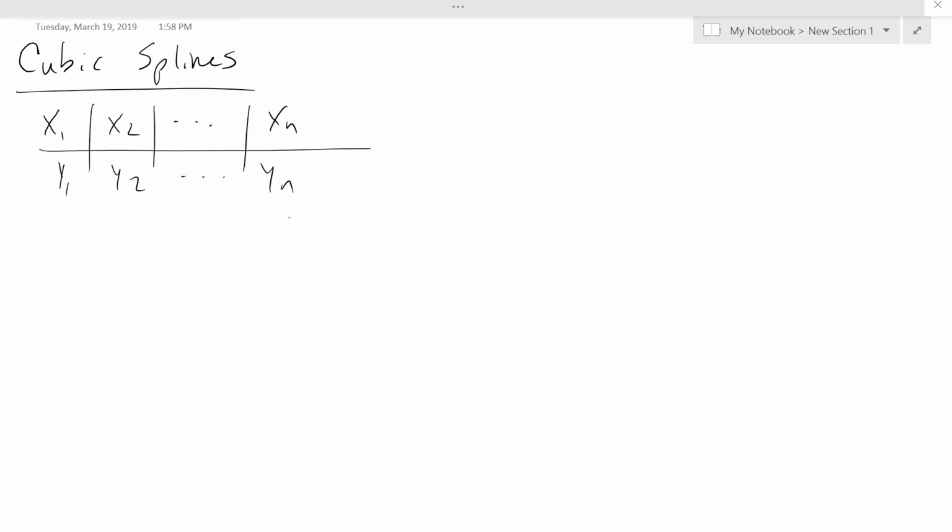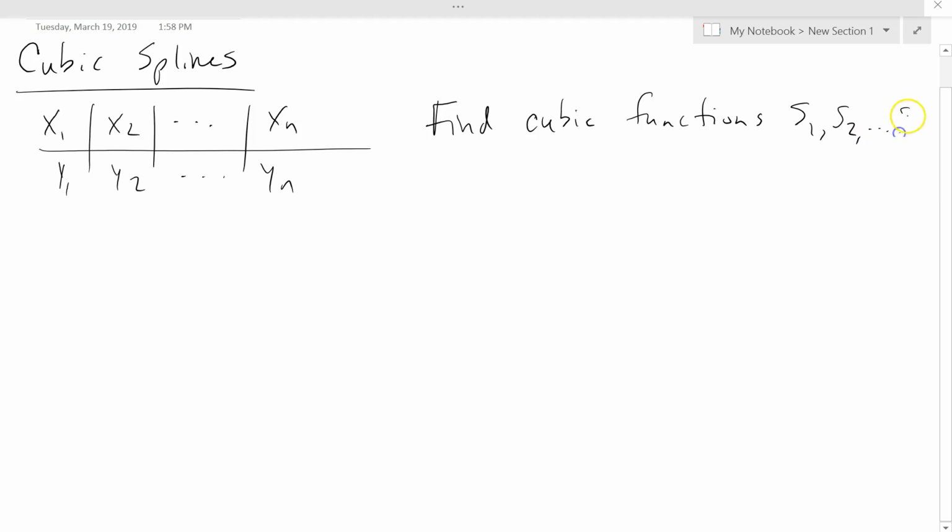All right, so again, we want to find cubic functions. We'll say S1, S2, out to Sn minus 1, such that the cubic spline idea is that we want to make sure we've got continuity, slopes, and curvature all matching. Okay?